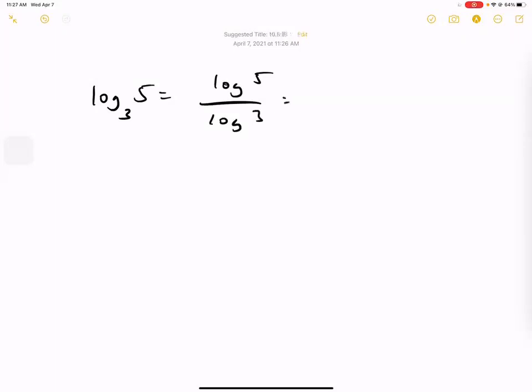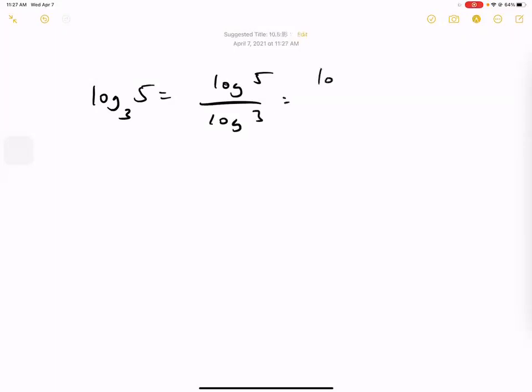The first one is, well, we learned a couple of rules last time, and one was rewriting logs. We called it the change of base. So log base 3 of 5 can be written as log of 5 divided by log of 3. It turns out it could be any base you want.